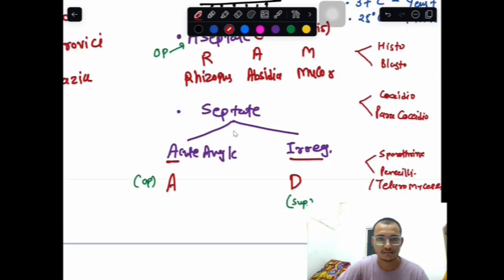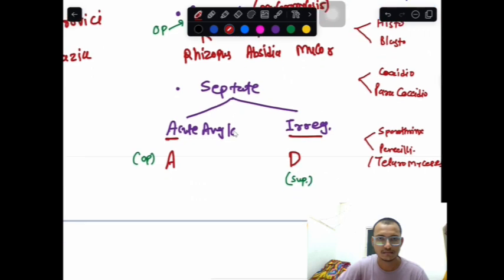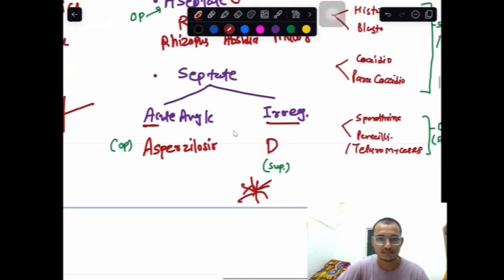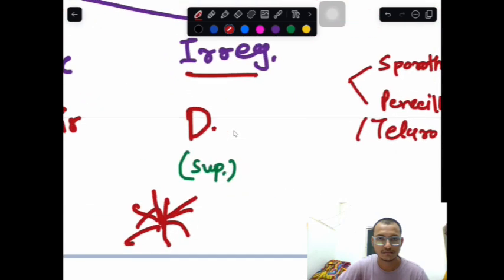The second type is septate. They have acute angle branching or irregular branching. Acute angle means at some angle, and irregular means any angle. Acute angle is aspergillosis, and irregular are our favorite dermatophytes.